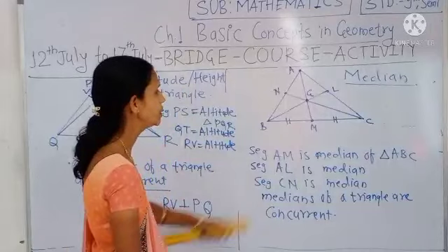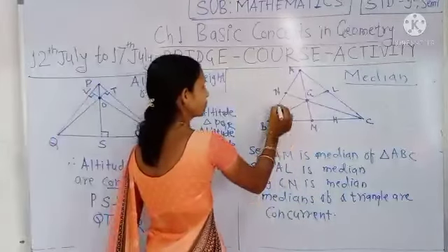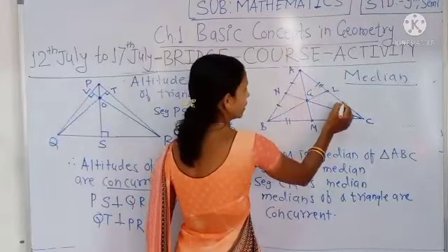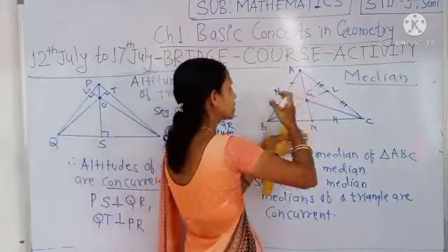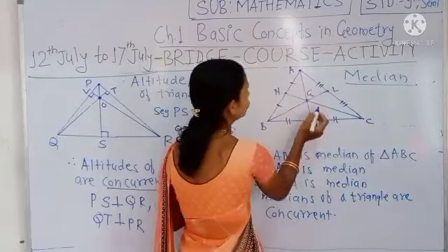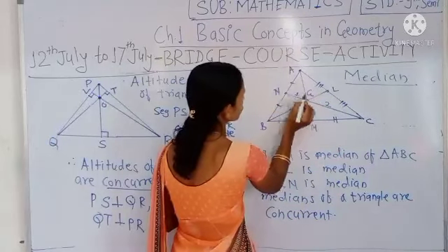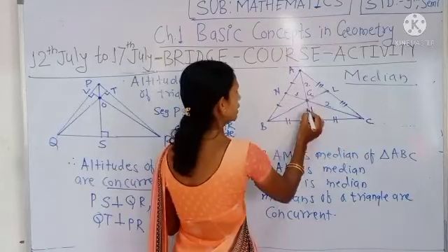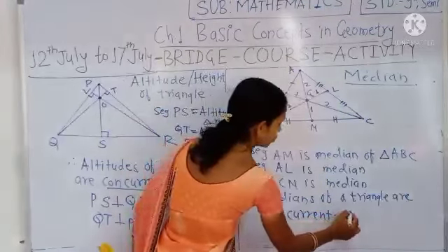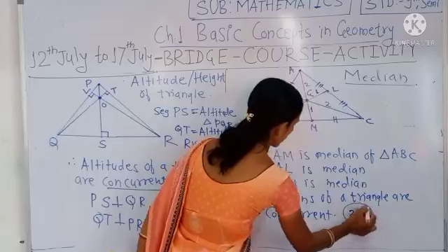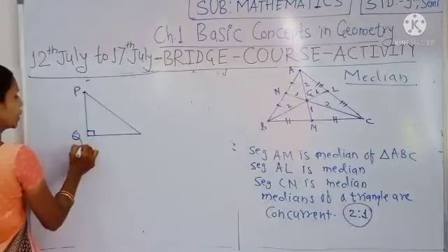Point G is the point of concurrence. The medians intersect each other in a 2:1 ratio. See here, it divides each other into a 2:1 ratio.